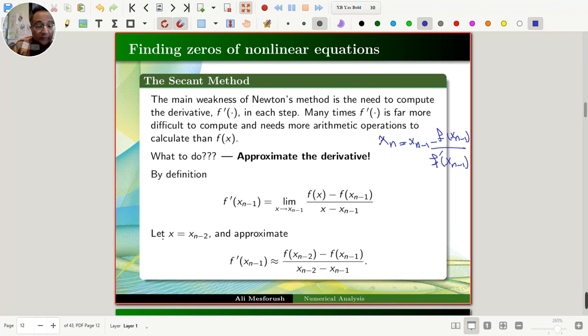If we take x equal to xn minus 2, we can put xn minus 2 here, and we ignore the limit, and we change the equality to approximately equal. So we can put f prime of xn minus 1 almost equal to f of xn minus 2 minus f of xn minus 1 over xn minus 2 minus xn minus 1.